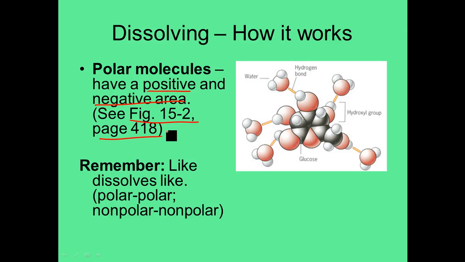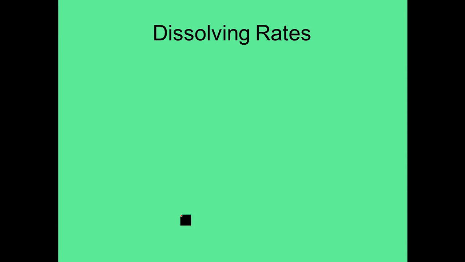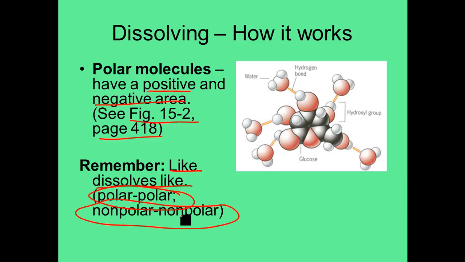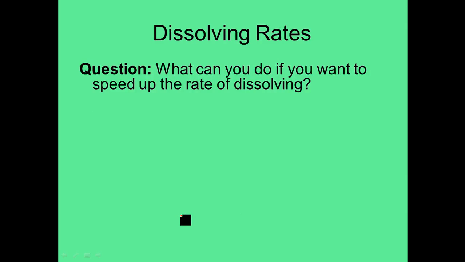Now, one phrase you'll need to remember is like dissolves like. If you have something that's polar, it will combine with stuff that is polar. If you have a molecule that is non-polar, it will combine with things that are non-polar. So, like dissolves like.